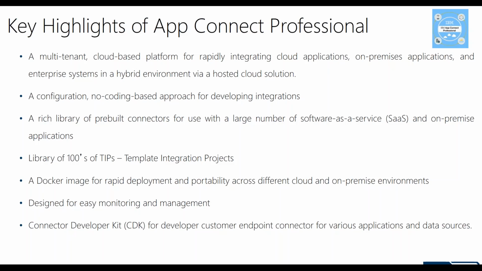The administrator or the operations team would be able to manage the whole App Connect environment pretty easily. And the connector development kit: this is a feature where you can develop custom endpoint connectors for various applications and data sources.